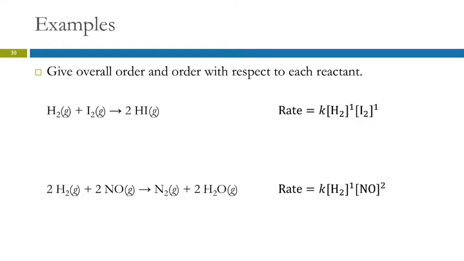So this is a rather simple example, but here's a chemical equation for a reaction. Here is the rate law. And it's asking us to give the overall order and the order with respect to each reactant. So in this first reaction, what is the overall order?